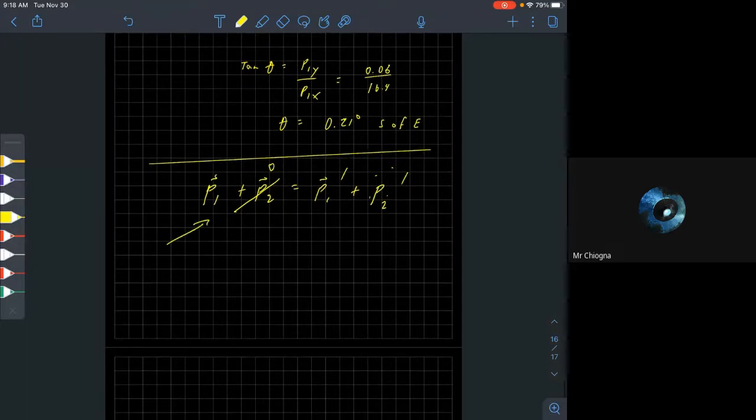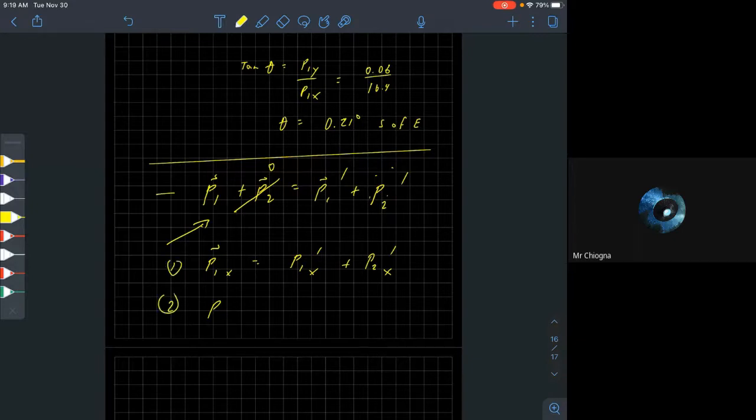You're saying this is actually just a short way of writing this: P1x is equal to P1 prime x plus P2 prime x. And there's two equations.